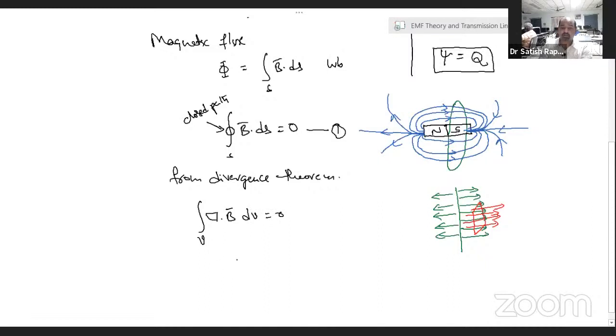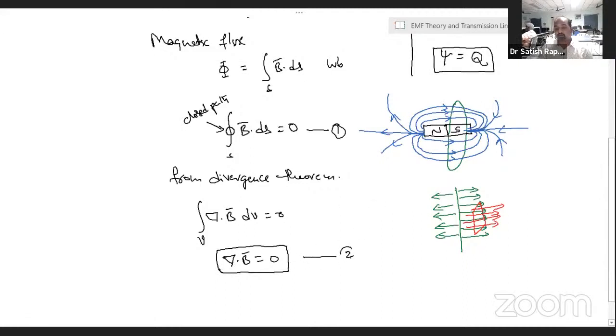So we can write delta dot b bar is equal to 0, because the field is uniform. Delta dot b can be taken outside the integration, and we will have delta dot b bar is equal to 0.